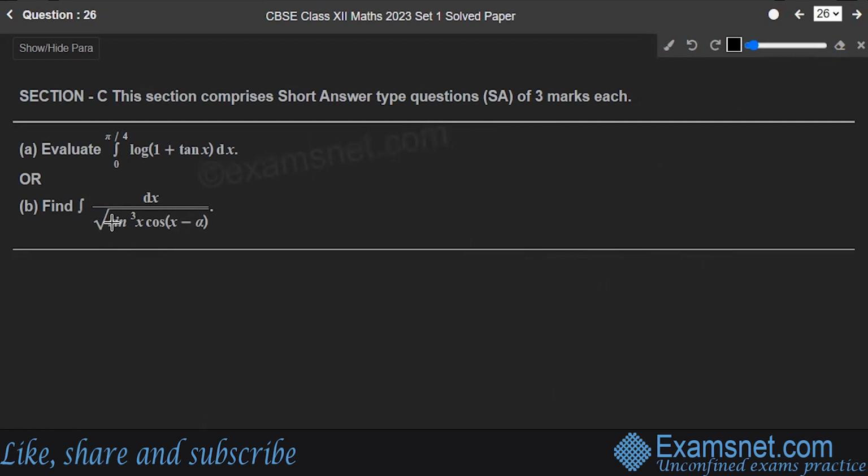Find the integral dx upon root of sine cube x cos(x minus alpha).